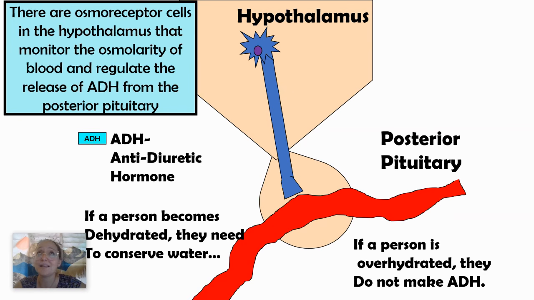Now, when we talk about certain toxins in life, alcohol is a toxin, and one of the ways it causes harm in the body is that it interferes with this hormonal pathway. When a person drinks alcohol, it interferes with the amount of ADH that is released.